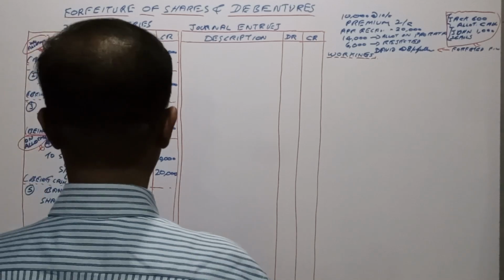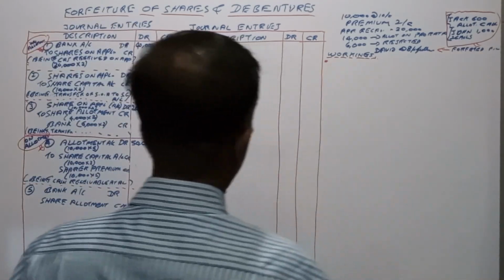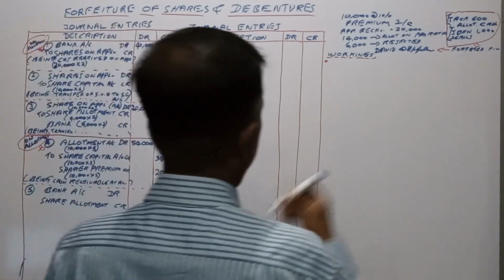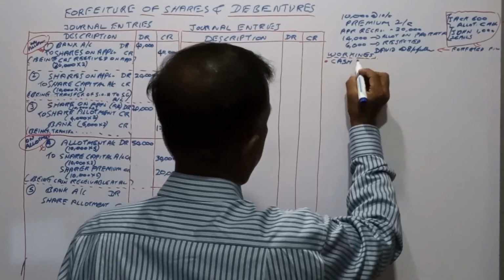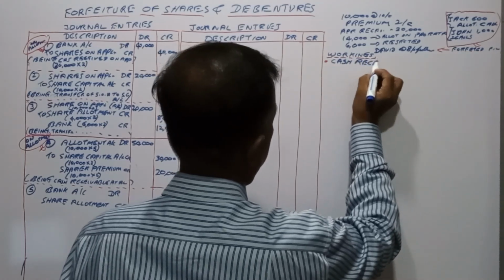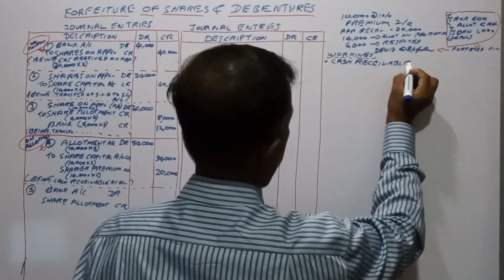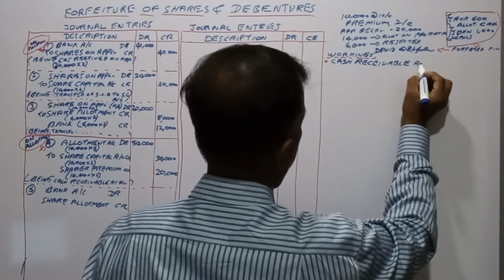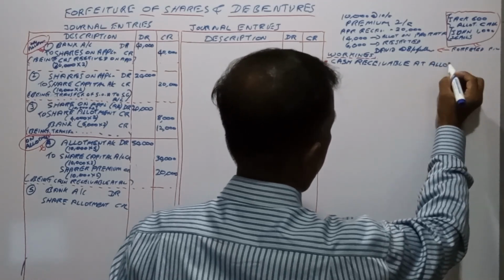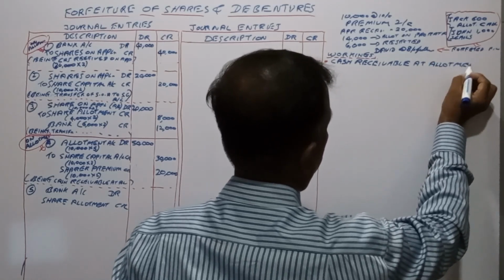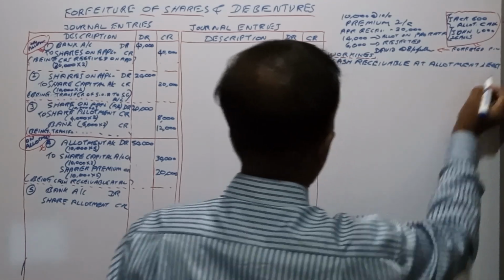Cash receivable at allotment level. Right?